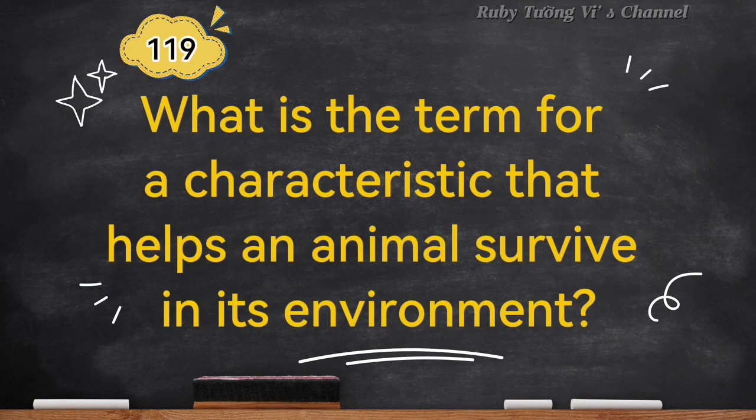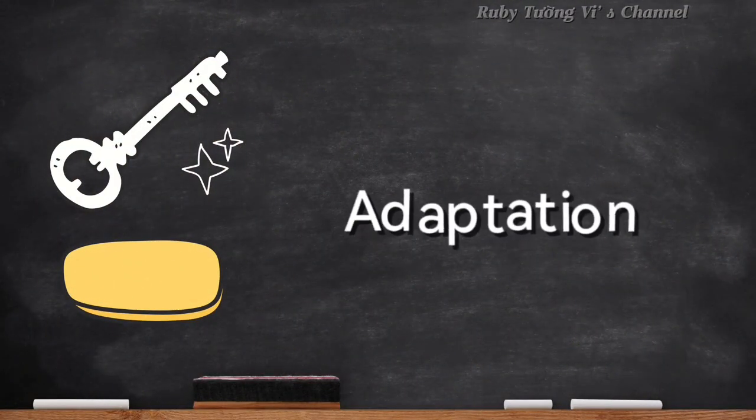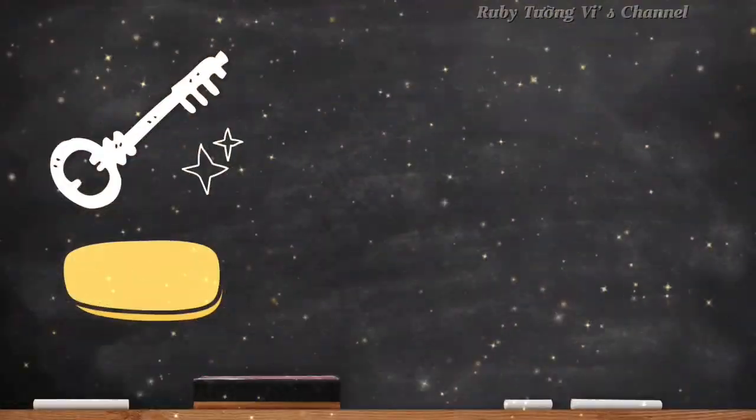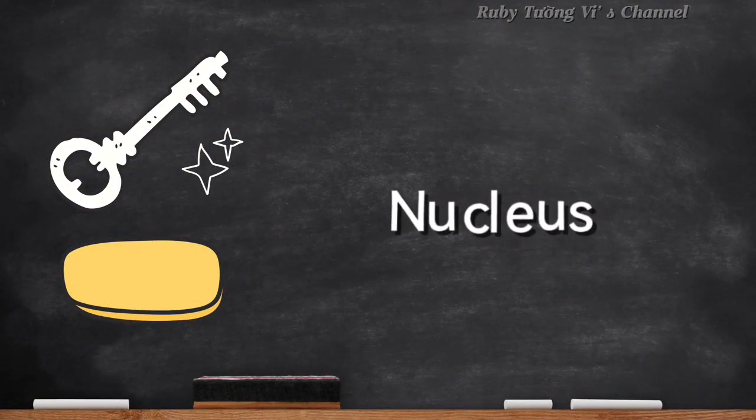What is the term for a characteristic that helps an animal survive in its environment? Adaptation. Which part of the cell contains genetic material? Nucleus.